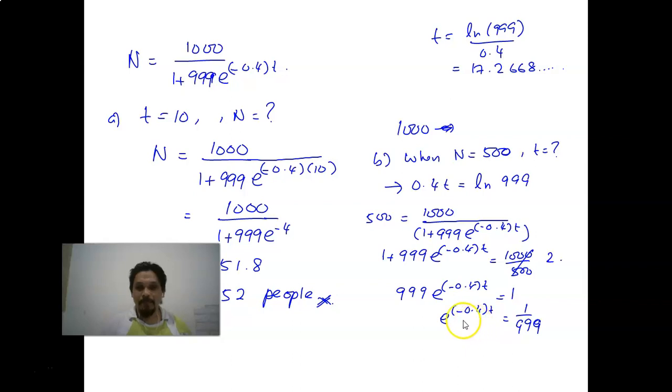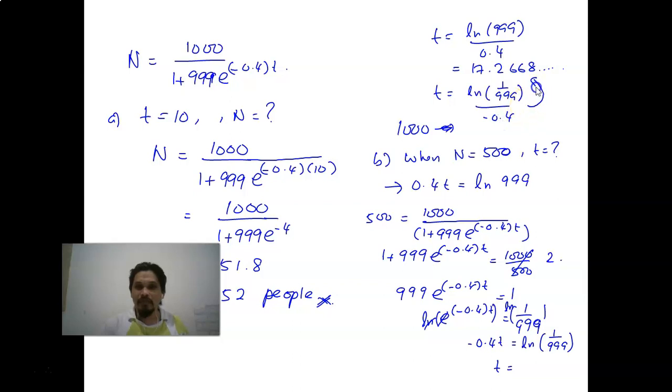And from here, taking natural log on the left side, cancelling between these two, then -0.4t equals natural log of 1 over 999, and t equals natural log of 1 over 999 divided by -0.4, also going to give you 17.2668.